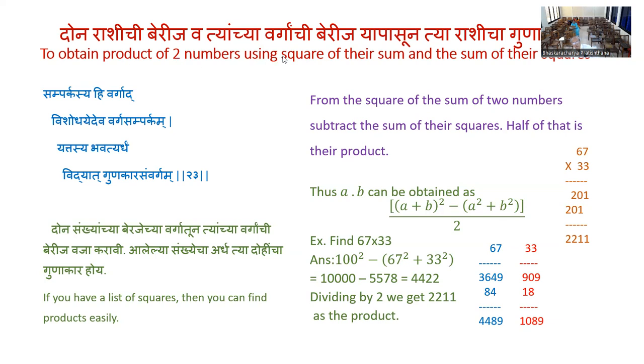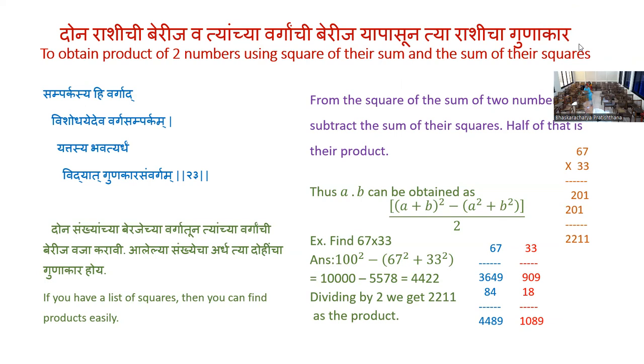So you require the square of the sum of the two numbers, a plus b square, and you also require the sum of their squares. If you know the squares of numbers, you have remembered or you have a table for that, then you can find out the product easily.